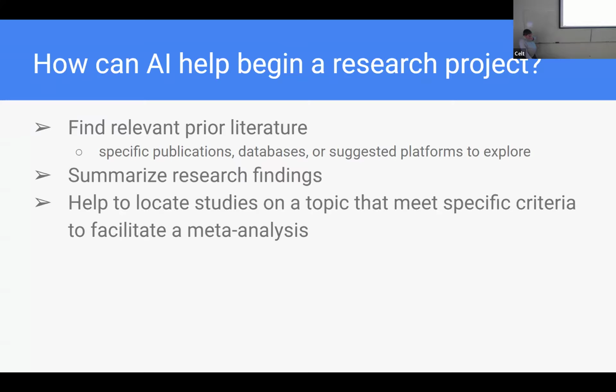Another way in which it could be used, and I've heard from a number of people who've been using it this way more recently, is not only for going out and finding literature, but finding literature that meets specific criteria if you want to do a meta-analysis. So if you only want to use studies that have at least a given number of observations, or studies that take certain factors into account, AI tools are a pretty good way of going out and sorting through everything and just finding what those studies are.